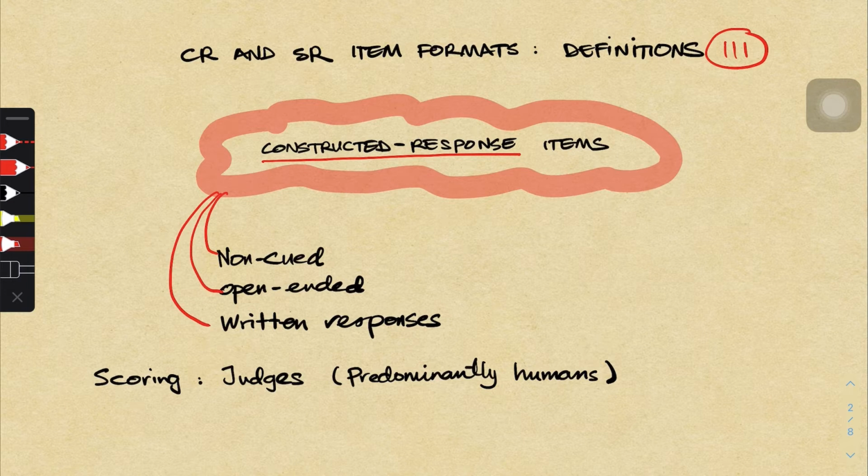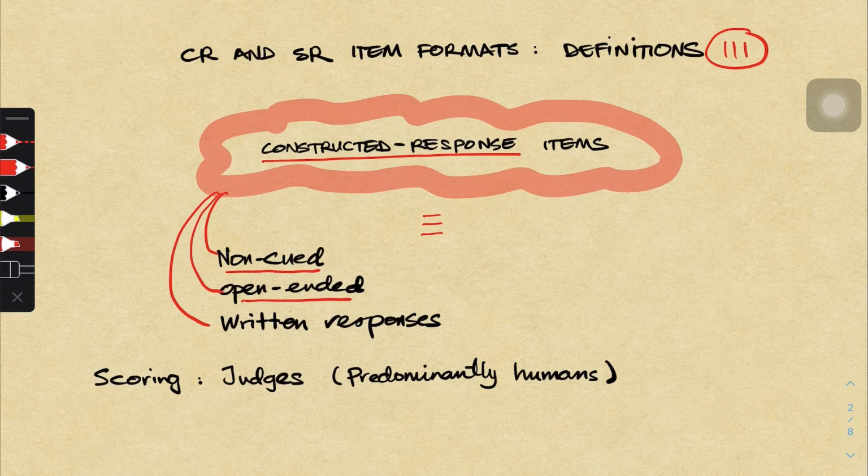This is in comparison with the selected response, where you have a list of possible answers, but in essays, in constructed response items, one of the features is that it is non-cued, and it is also open-ended. Open-ended questions are where the one answering can answer in any way.